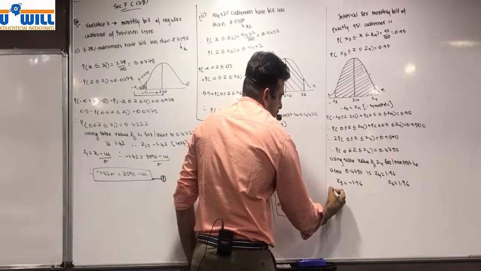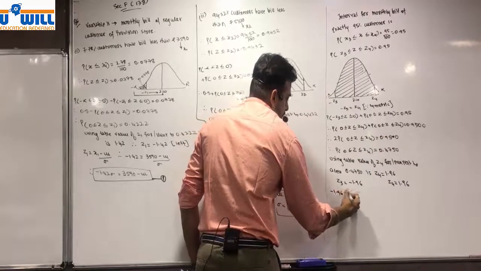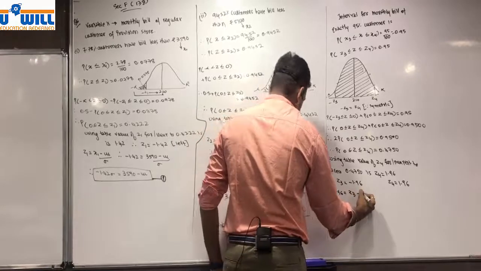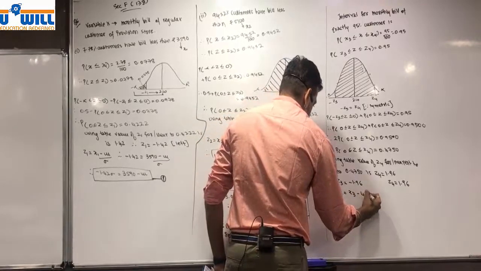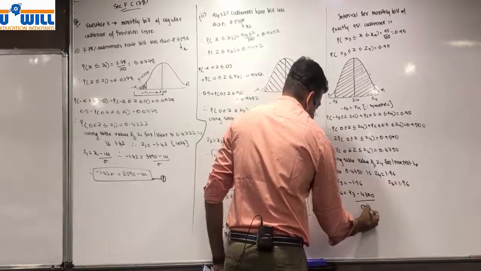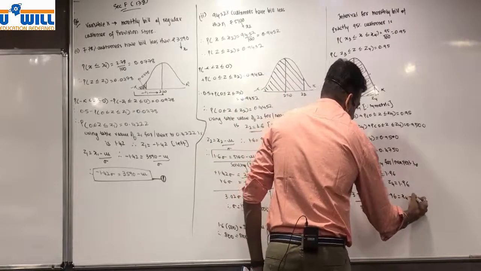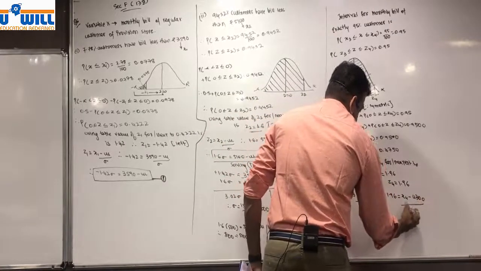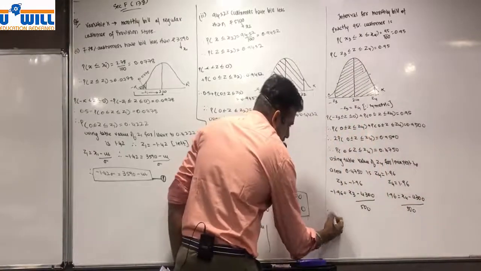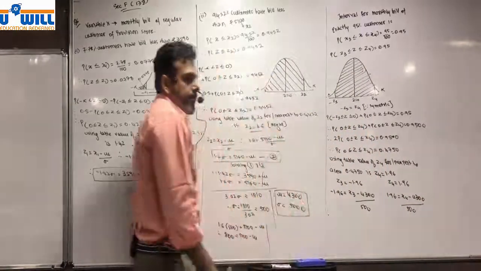So z3, minus 1.96, is equal to x3 minus mu 4300 upon sigma 500, and 1.96 is equal to x4 minus 4300 upon 500. Cross multiply.